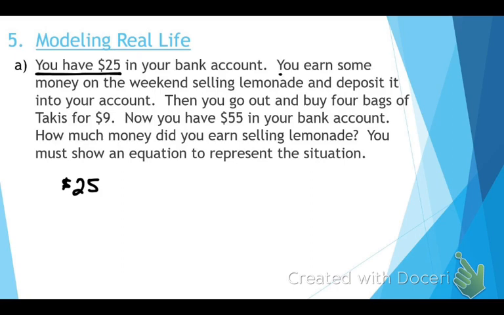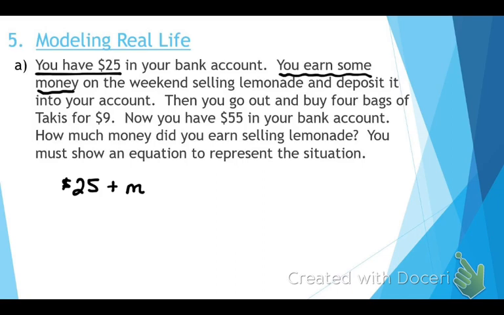Everybody draw a little squiggle line right here where it says you earn some money. Guys, if you earn money, what do you do? You're going to add it because it's going to get bigger, okay? Do we know how much we earned? No. We don't know yet. So right now we're just going to go ahead and say M for money. You can make it anything, but we don't know what it is yet.